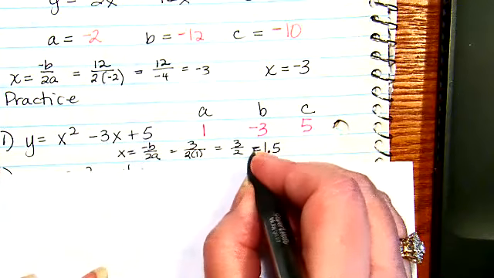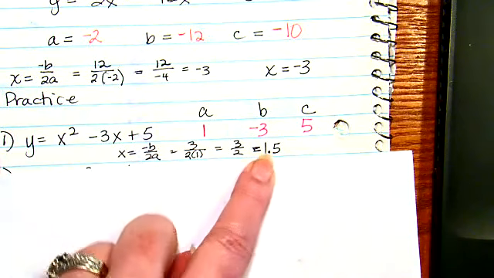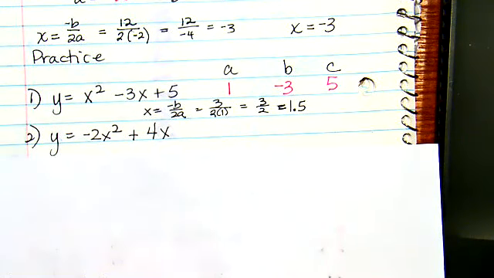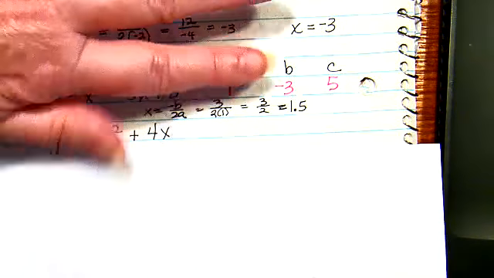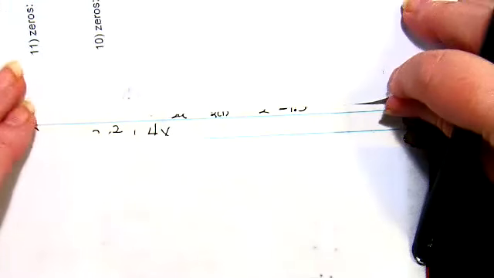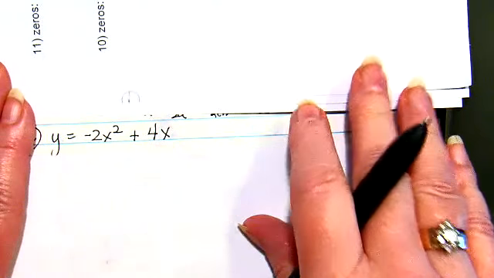Now you probably won't get ones with decimals when we do this for real, since I made these up real quick, but let's practice another one. What's A, what's B, and what's C?